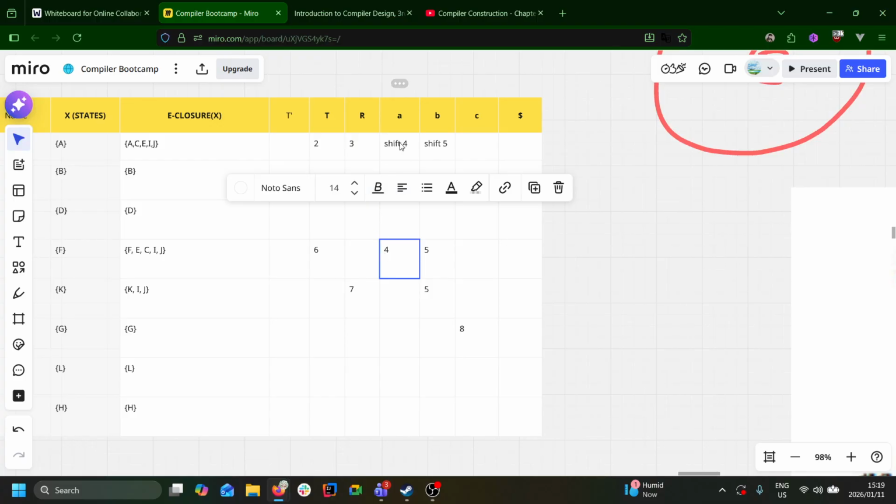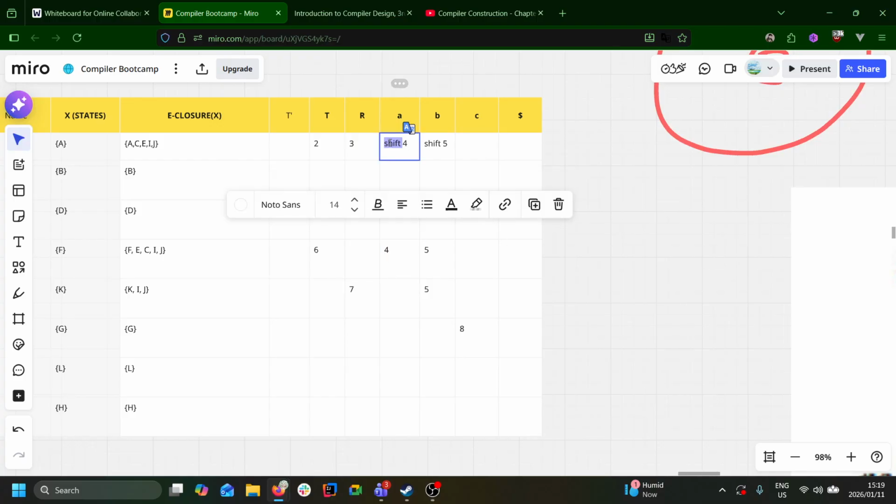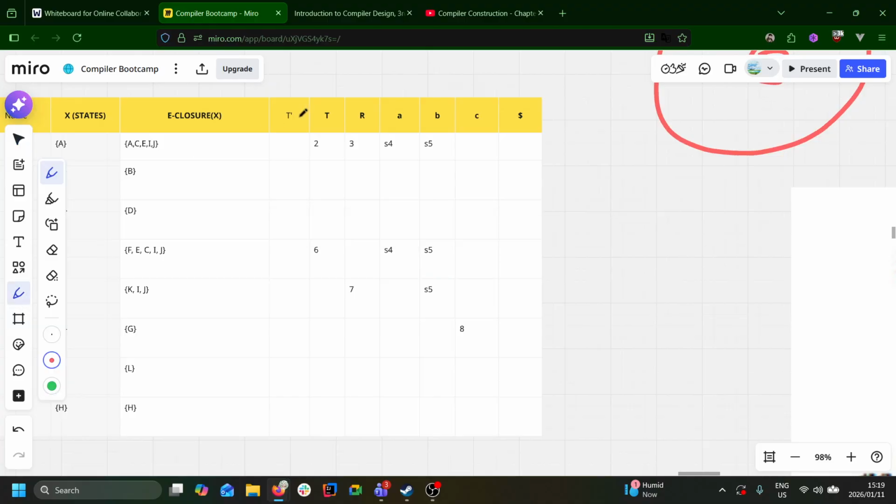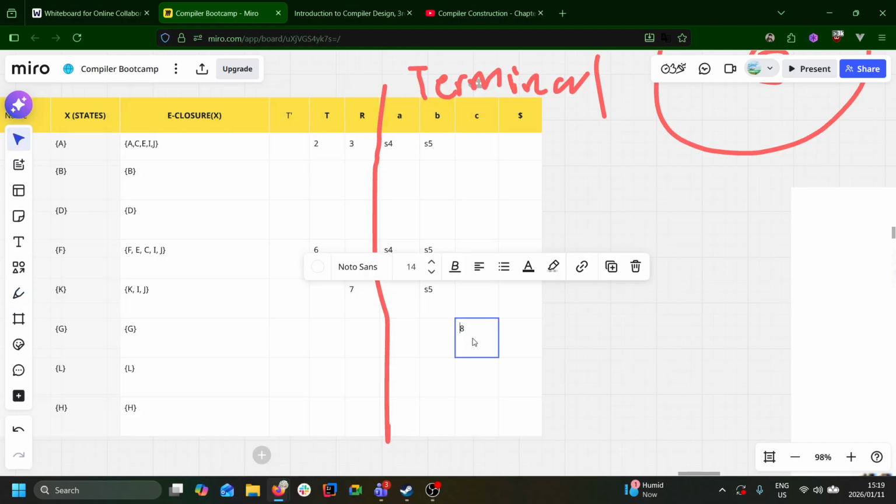You don't have to write the full word shift; you can just write S to abbreviate it. It means the same thing. You just write S here, here and here. The reason I'm doing this on this side is because everything on this side is a terminal. So now I have S, and then you can have S. There you are.